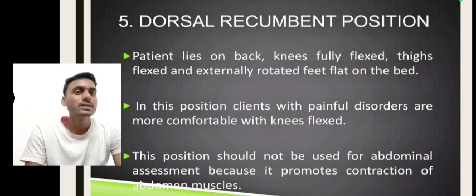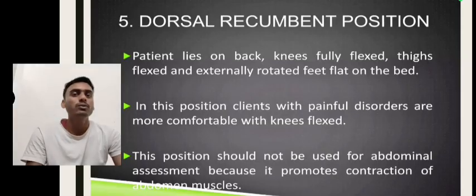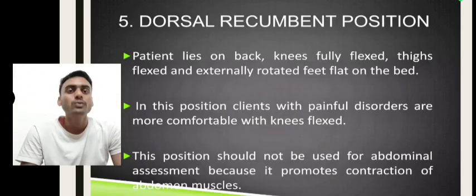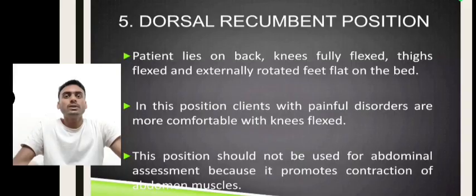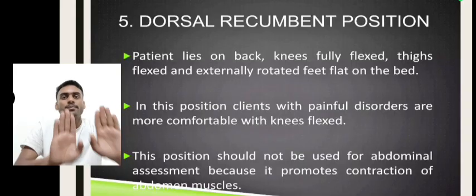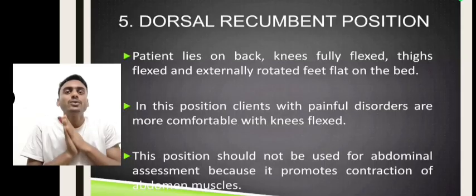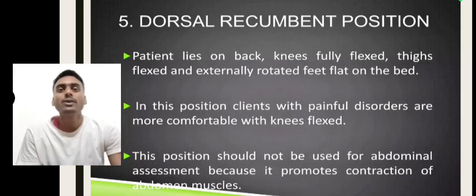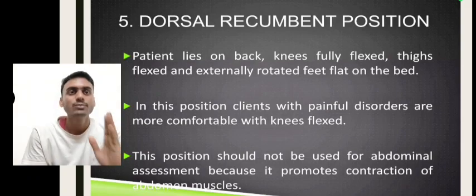In this position, clients with painful disorders are more comfortable with knees flexed. This position should not be used for an abdominal assessment because it promotes contraction of the abdominal muscles. If your knees are flexed like this, your abdominal muscles will contract, so you cannot do a proper assessment of your abdomen, right? So at that time you avoid this position.